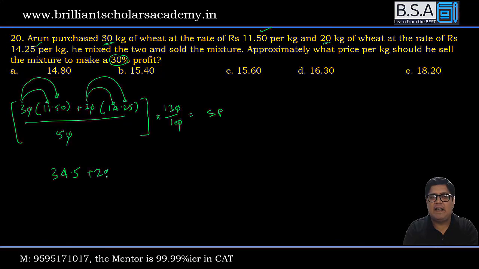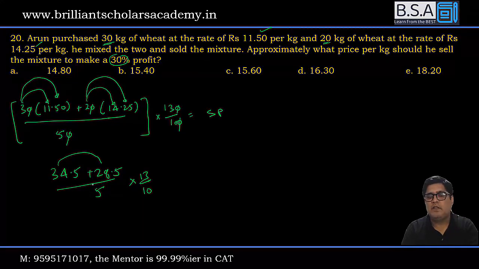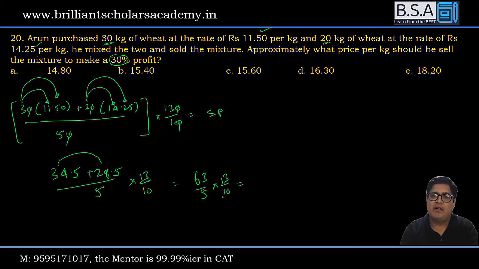So 28 and a half upon 5 into 13 by 10 is your answer. 28, 32, the 28 and 34, 62 plus half, 63. So your answer is 63 upon 5 into 13 upon 10. Use a calculator. You will definitely need a calculator here.